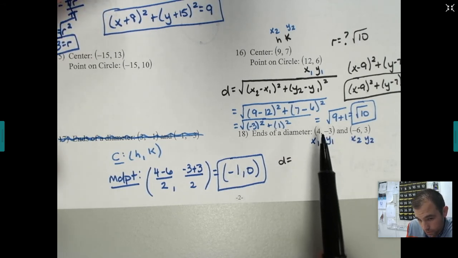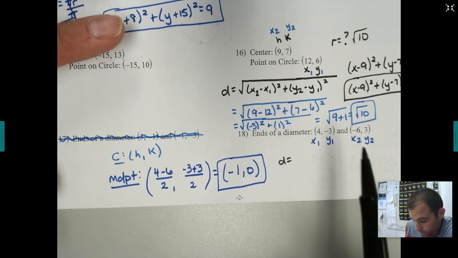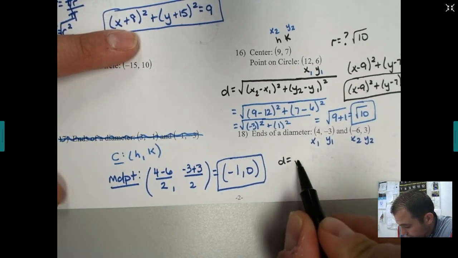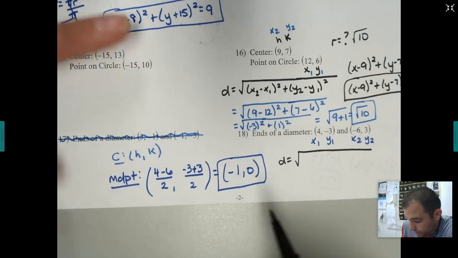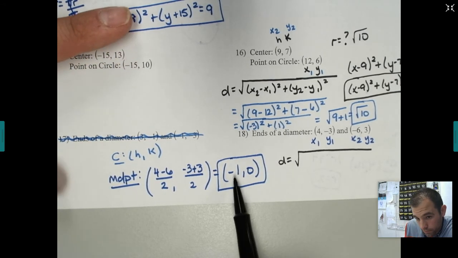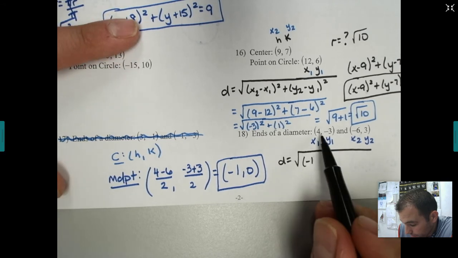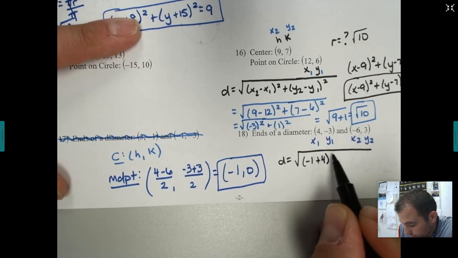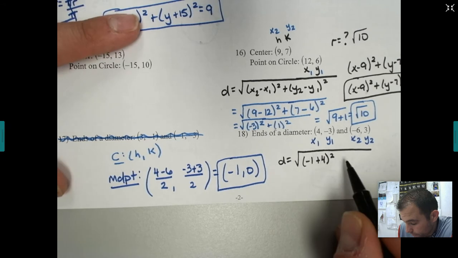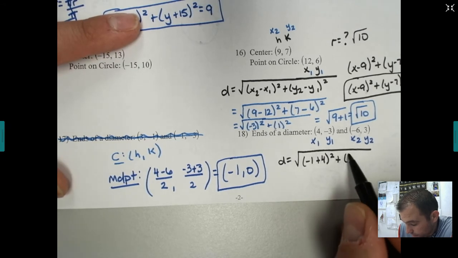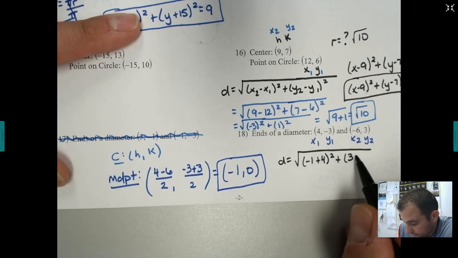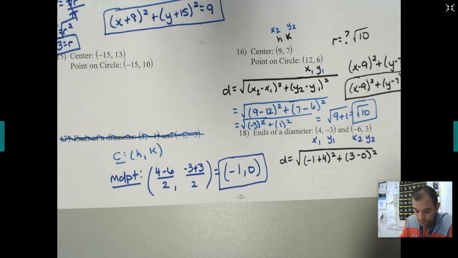I'm going to use the first one. So x1 and y1. Okay, so if I did that, I would have the square root. X2 in my problem is the center, so -1 plus 4 squared plus y2 is 3 minus 0 squared.